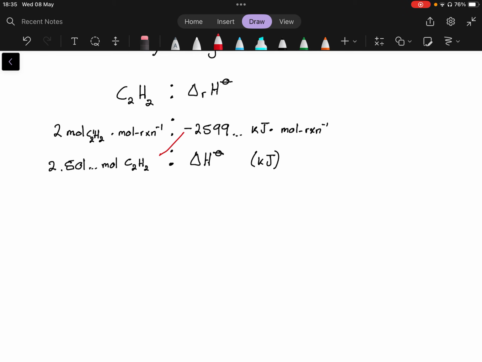So we do our cross multiplication, and your units will figure themselves out given that you write them correctly here.